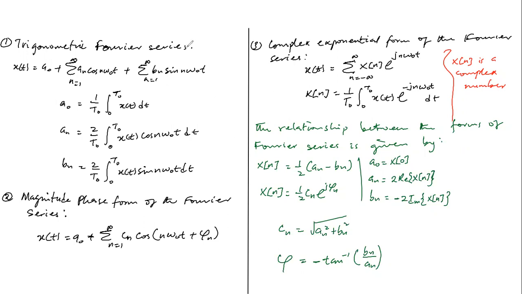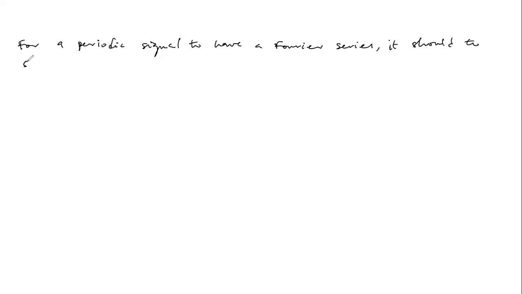Now that we have discussed all of this so far, for a periodic signal to have a Fourier series (the Fourier series being the transform of a periodic signal), it should, to some extent, satisfy the Dirichlet conditions.